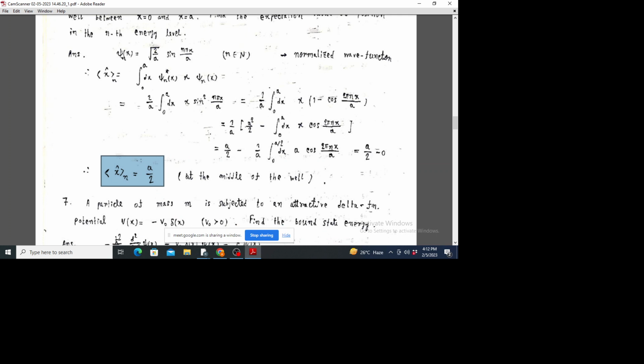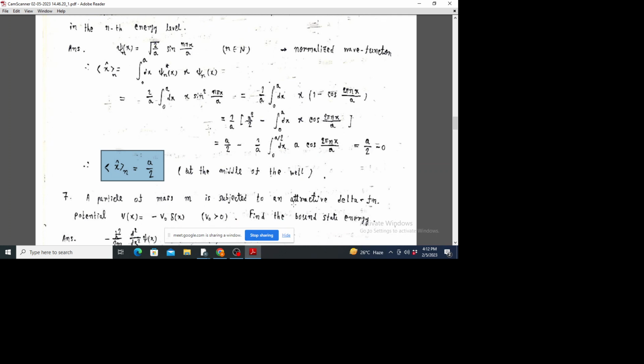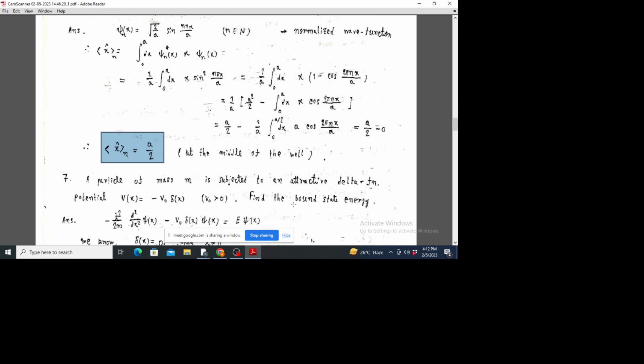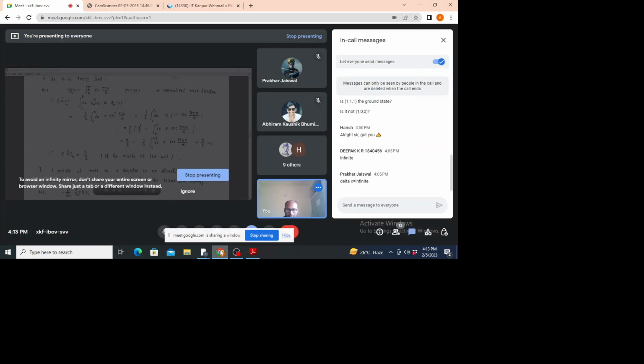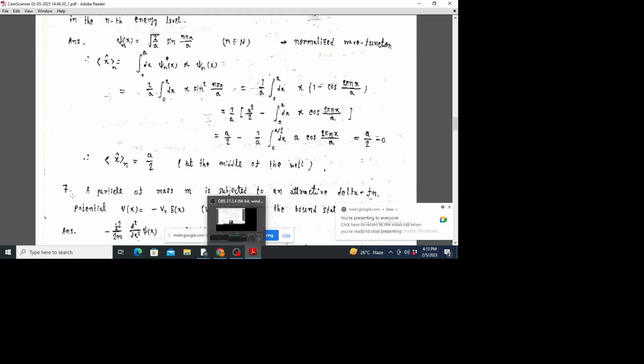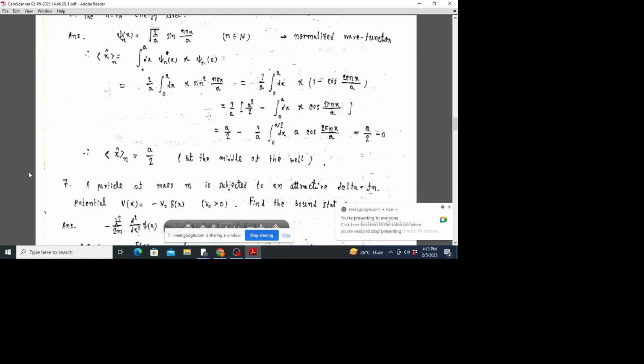Now an important problem: the delta function potential. Are you familiar with the delta function potential? Dirac delta or simply delta? Yes, Dirac delta. Yes, sir.